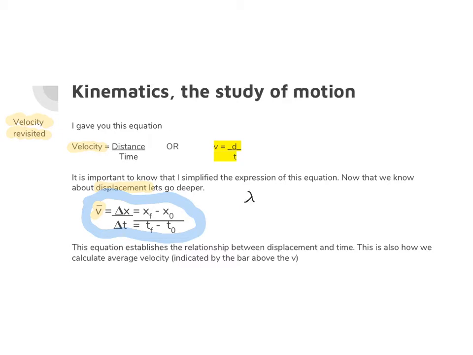xf is our final position, same as it was in the displacement. x0 is our initial position.